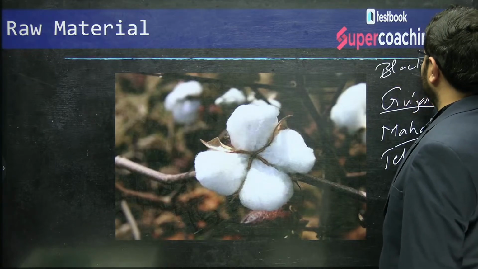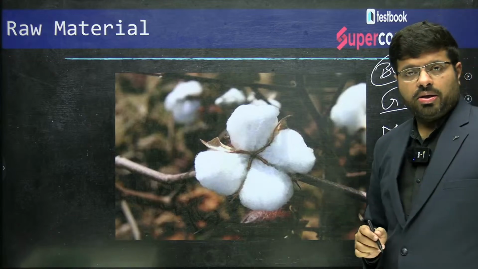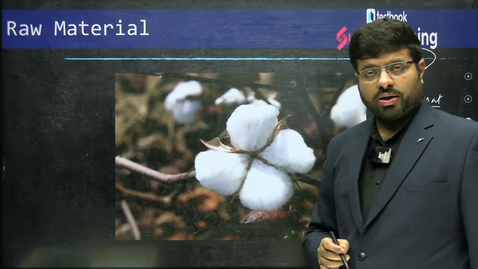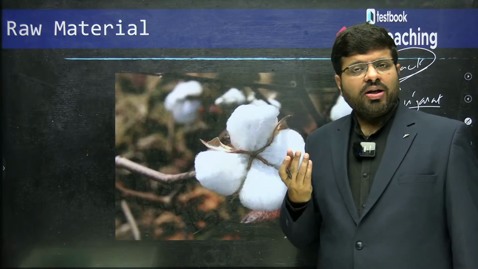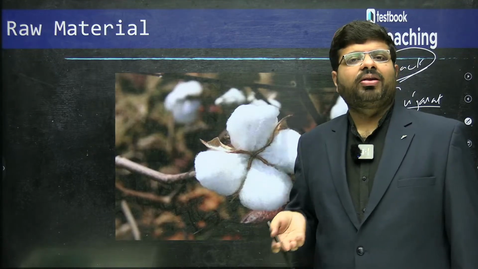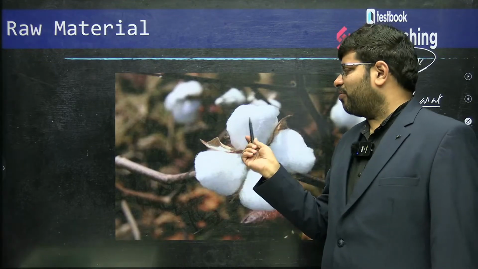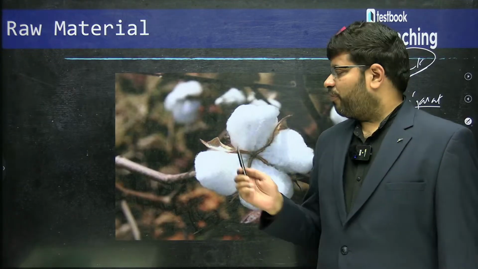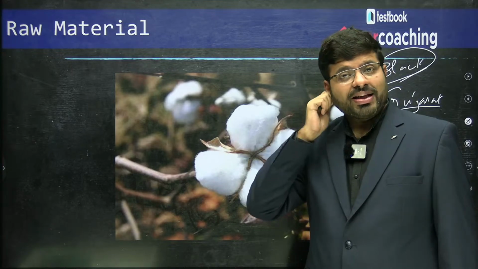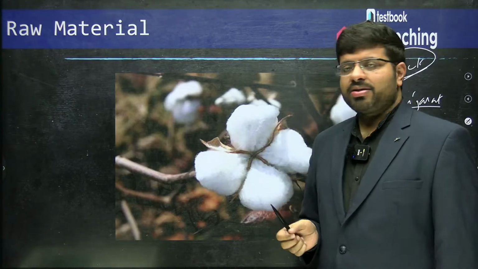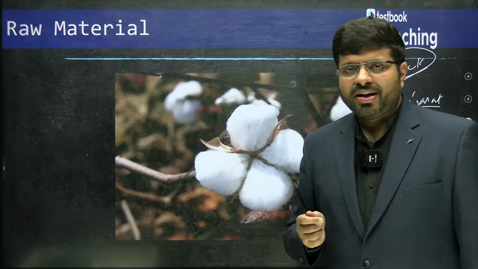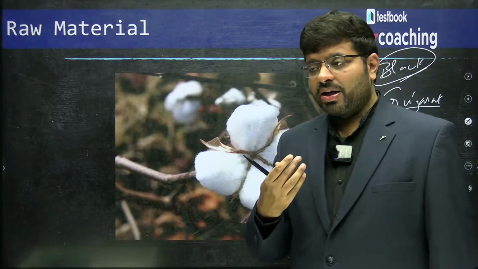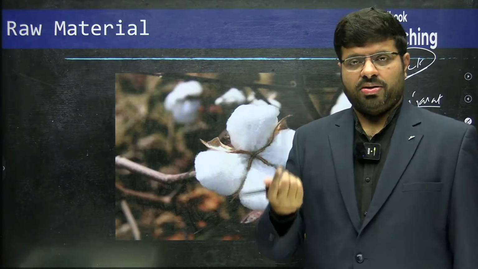This is what we call the black soil region. That is where you will find the growth of cotton. So when you want to develop a cotton textile industry, you will be developing that in the places where you find the cotton, isn't it? Where do you find the cotton? You will find it at places. But one of the advantages of cotton as a raw material is that it is not dependent on the raw material completely in terms of weight.